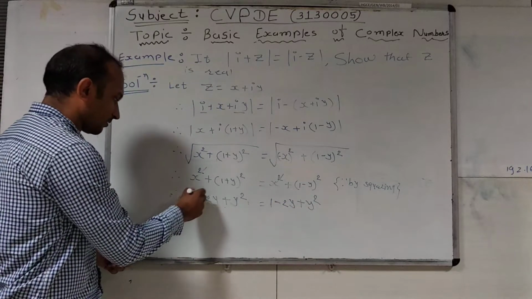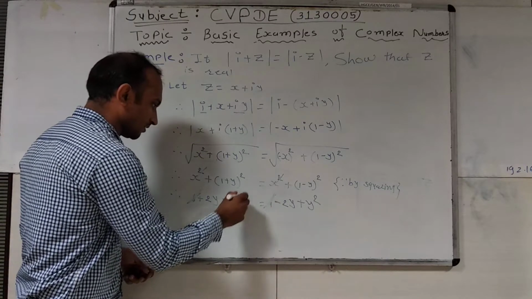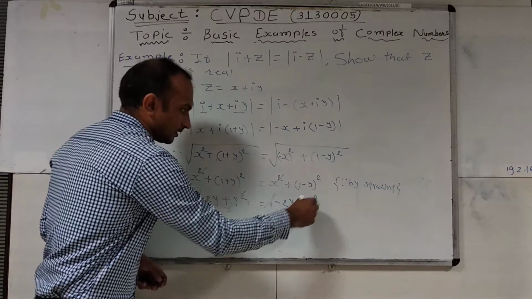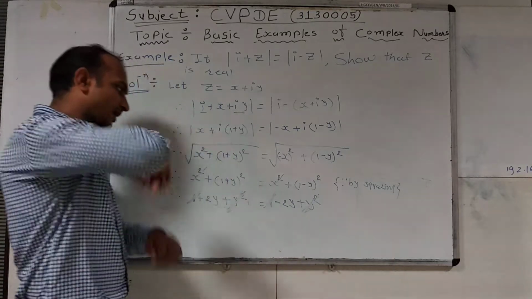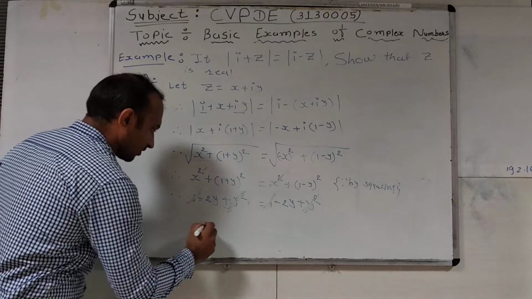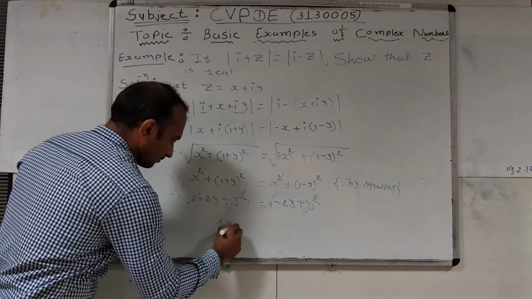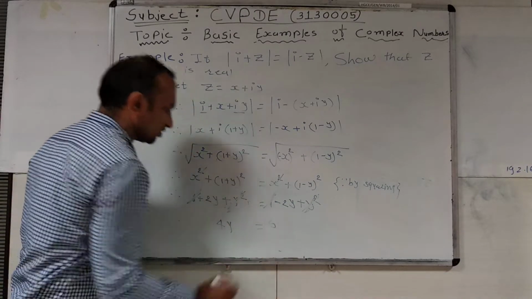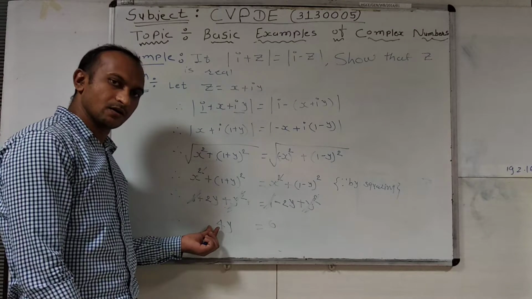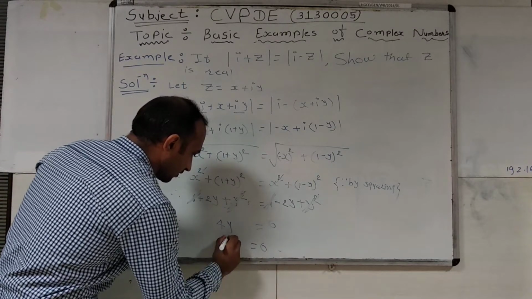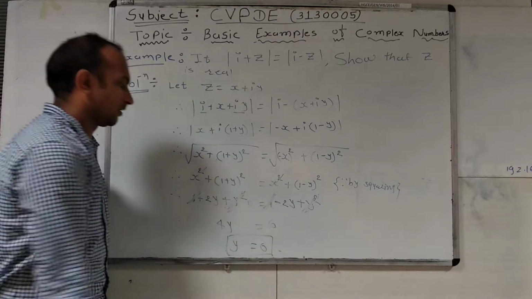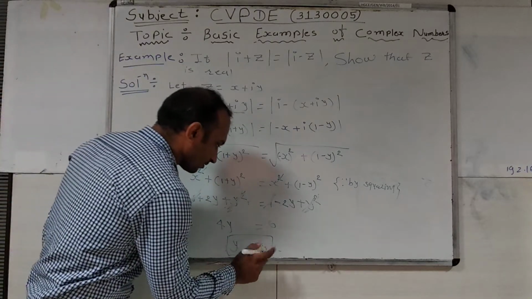Now on both sides 1 is common, cancel, y square cancels, remaining 2y equals minus 2y. Taking minus 2y to the left hand side, we get 4y equal to 0. Now 4 is constant, so remaining only y equal to 0.